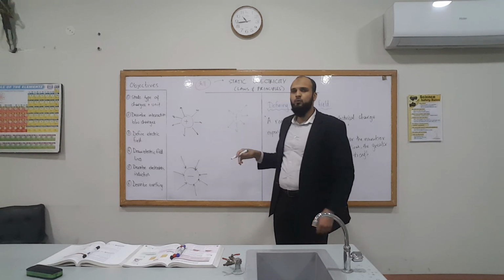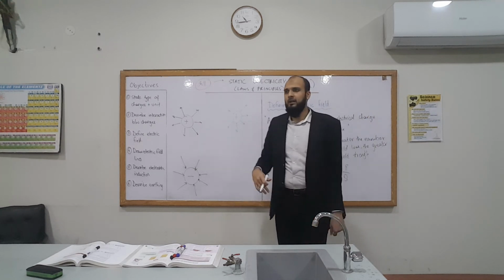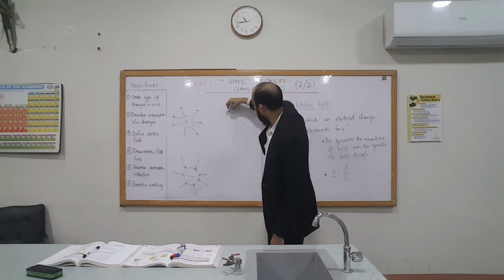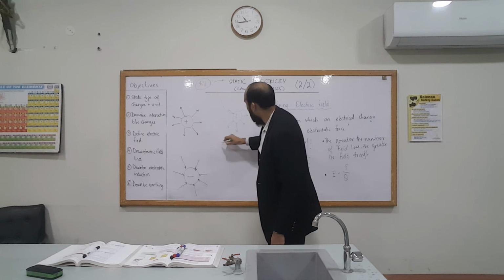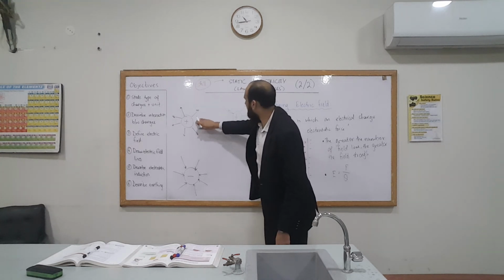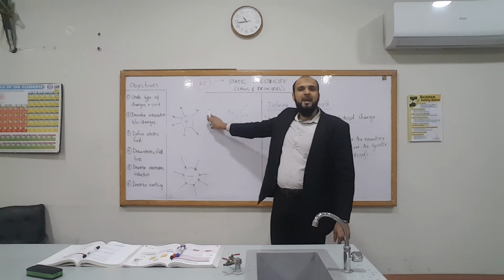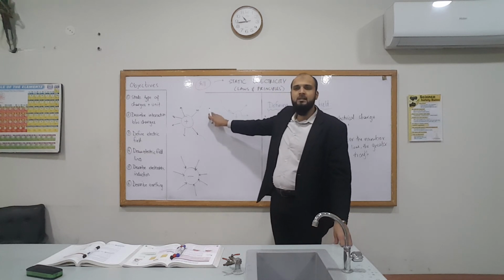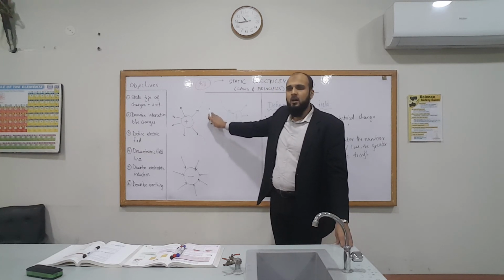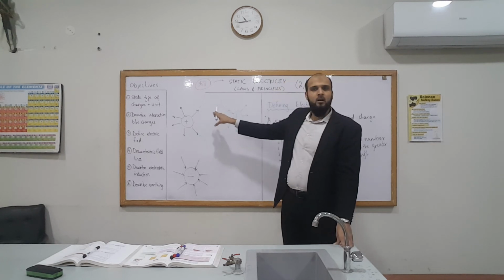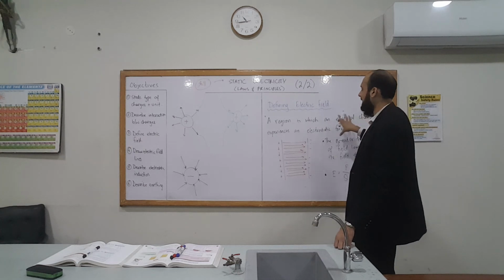It's a positive. It wants to give out the field lines, right? So the interaction between these would be okay, they're going to repel each other. Okay? And there's going to be an empty space. Empty is the same as saying null. Okay? So there's going to be a null space where no field lines exist.